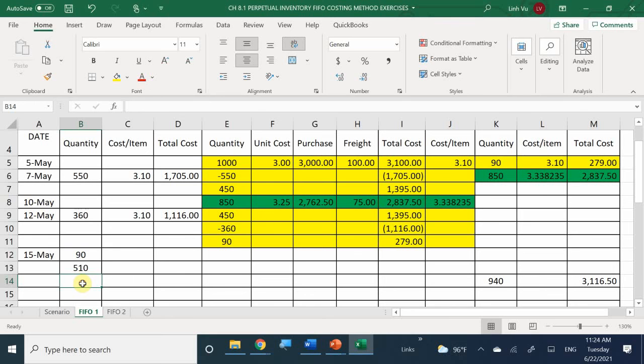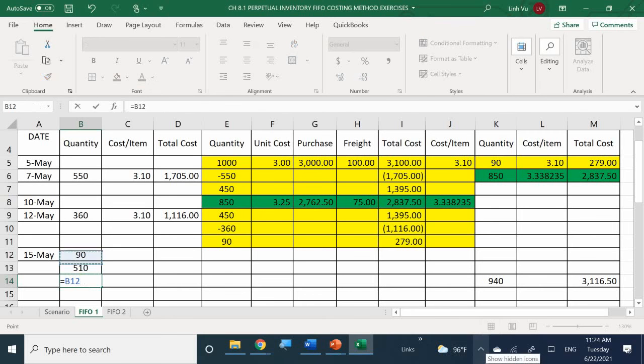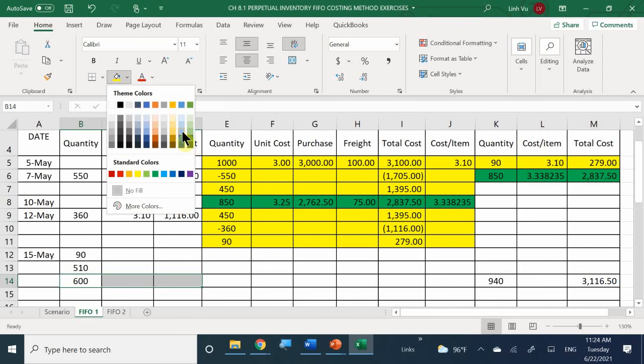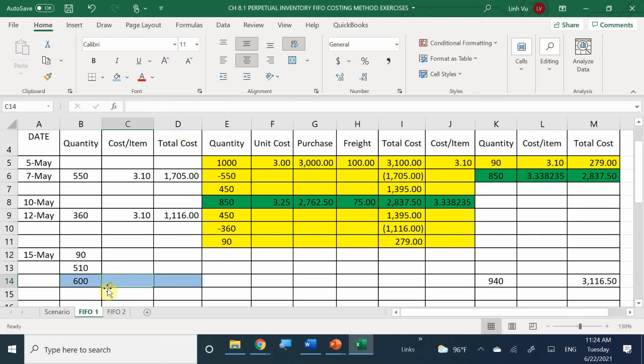So I'm going to do a calculation so I know what it's going to cost me to sell all 600 items.